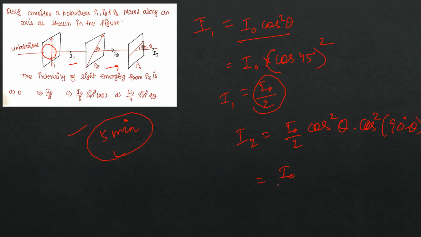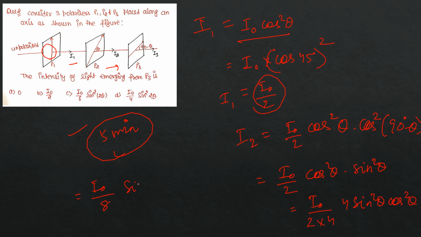So I naught by 2 into sine square theta cos square theta. If I multiply by 4 here, it will become I naught by 8 (sine 2 theta) whole square. And that's it actually. That's the answer.